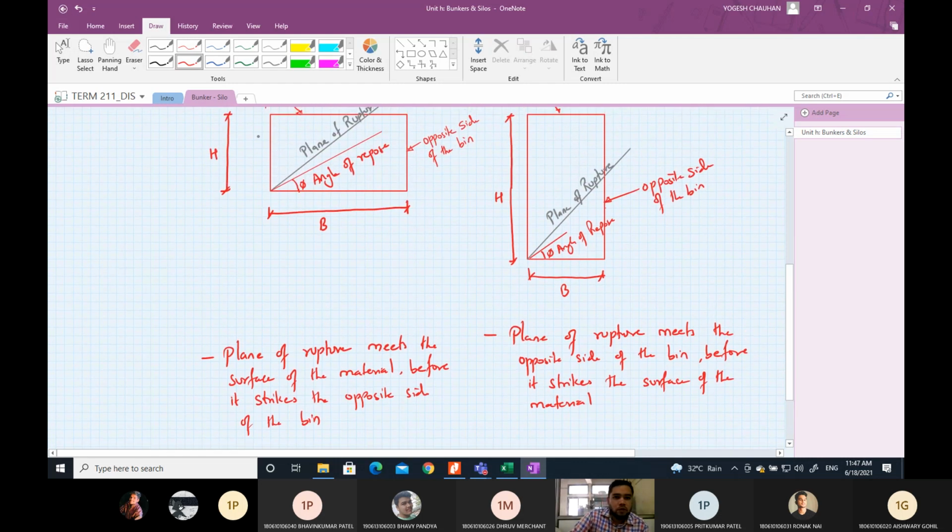Now, the angle of this plane of rupture may be taken as 90 degree plus phi by 2.